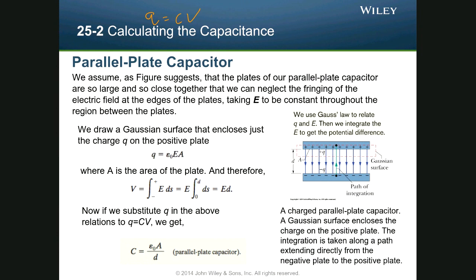Again, this implies that C is equal to Q over V. And that's all we did. We got Q from Gauss's law, right? That's where we get the Q from. We use our definition of V, and then we take the ratio, and that's where the equation comes from.